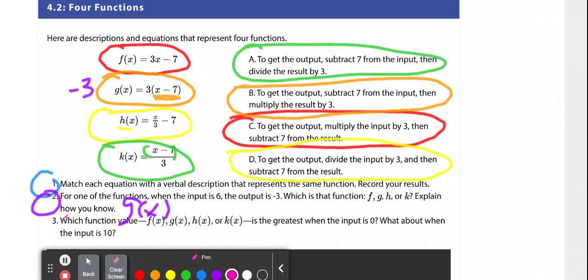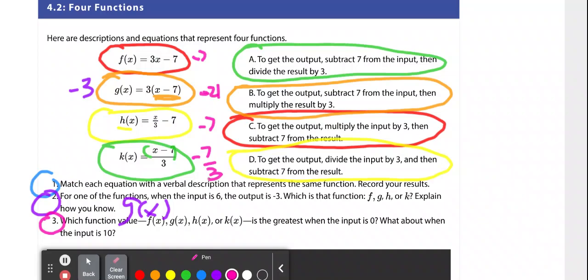The next question asks which function value, f of x, g of x, h of x, or k of x, is the greatest when the input is 0. What about when the input is 10? So let's start with 0. 3 times 0 minus 7 is -7. 0 minus 7 is -7, times 3 is -21. 0 divided by 3 is 0, minus 7 is -7, and 0 minus 7 is -7, divided by 3 is -7/3.